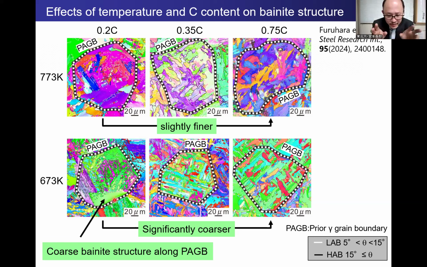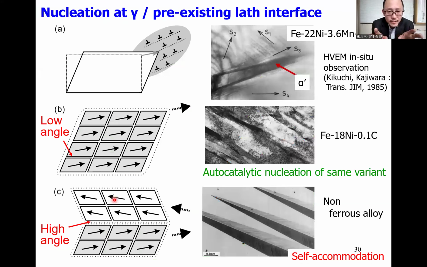So in order to understand such grain size change with carbon content or transformation temperature, we need to understand the transformation strain accommodation. So martensite and bainite are displacive transformations. Therefore, shape change should be involved.